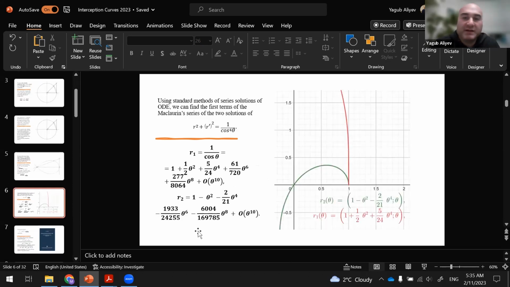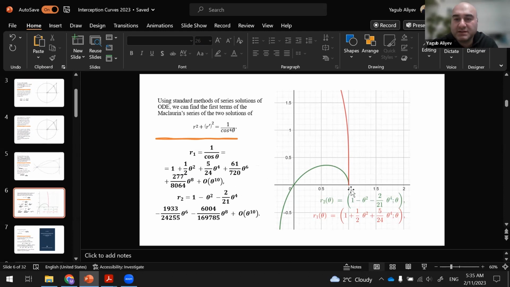One can try to find an approximate solution. You can find the solutions as series. Using Maple, one can find these solutions, R1 and R2, for this equation.